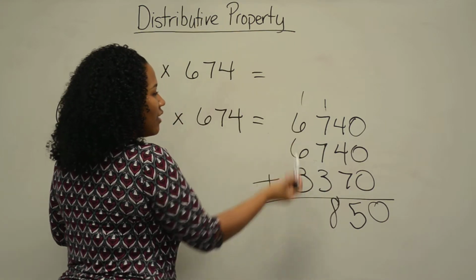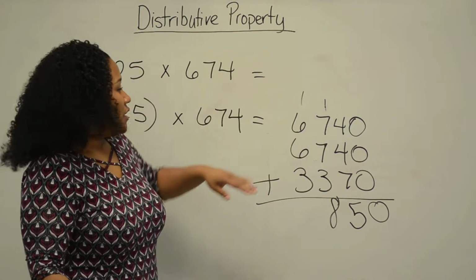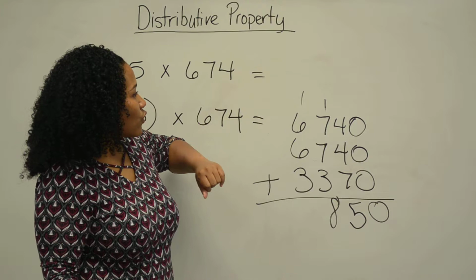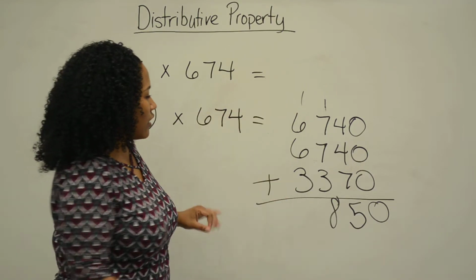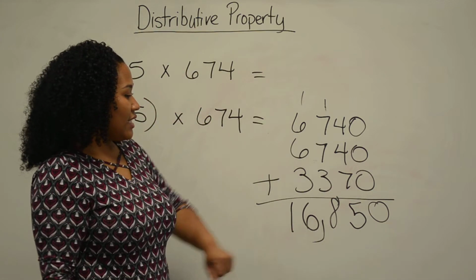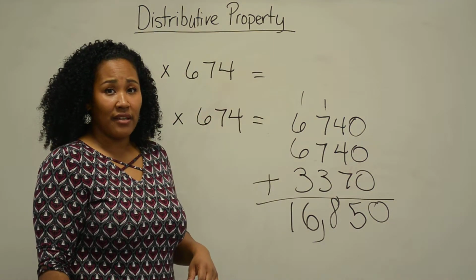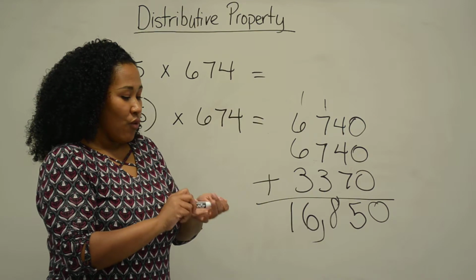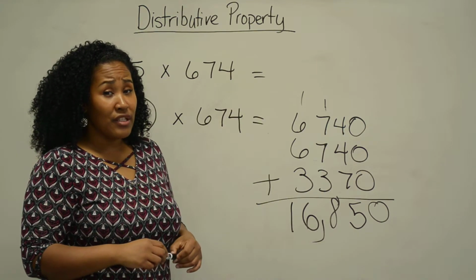Carry my 1. 6 plus 6 is 12. 12 plus 1 is 13. 13 plus 3 is 16. My answer is 16,850. Okay?